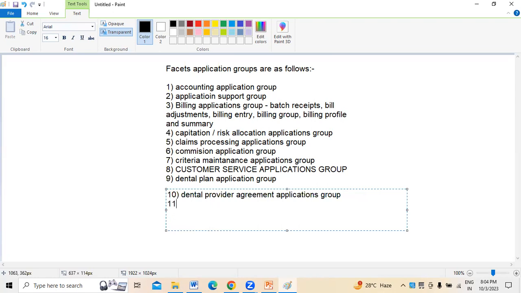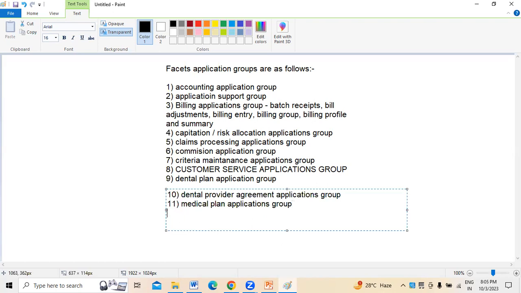So this is also included in it. Next, medical plan applications group. This is included even in it. Medical plan applications group will be included in it.